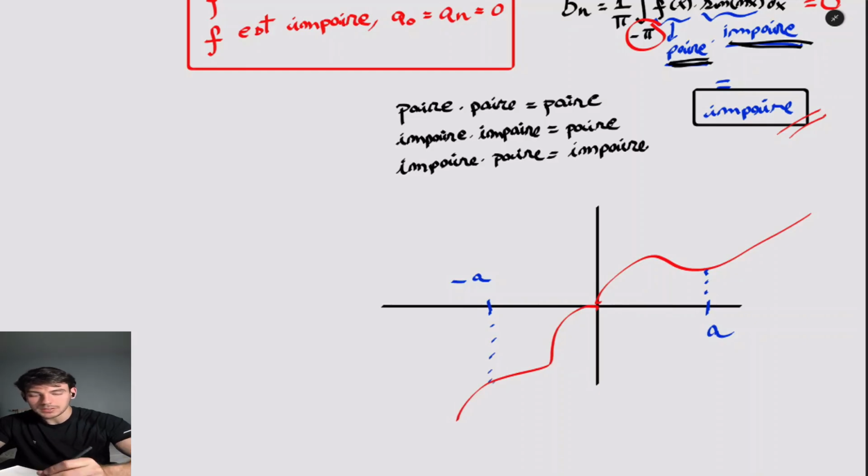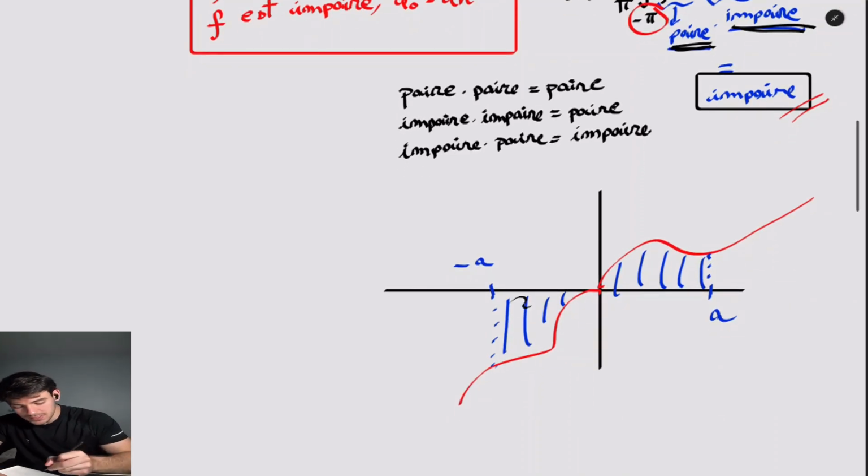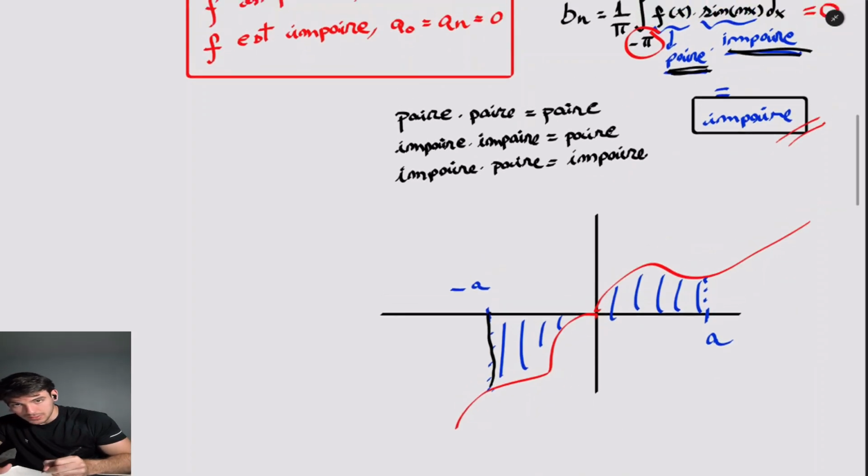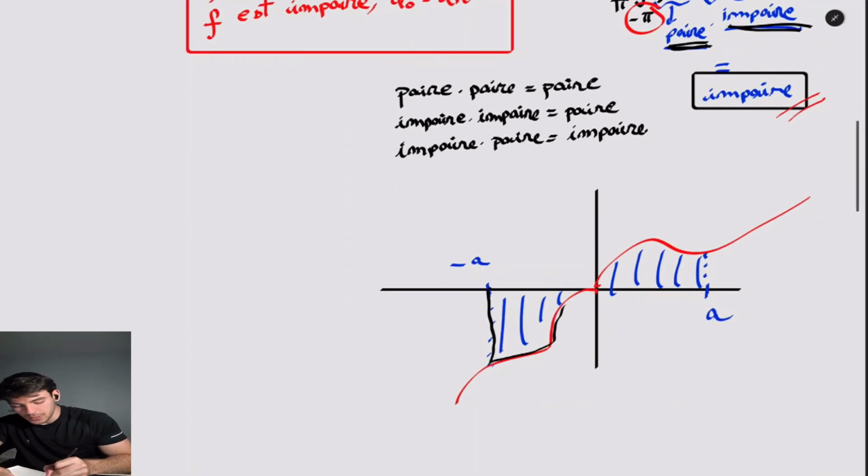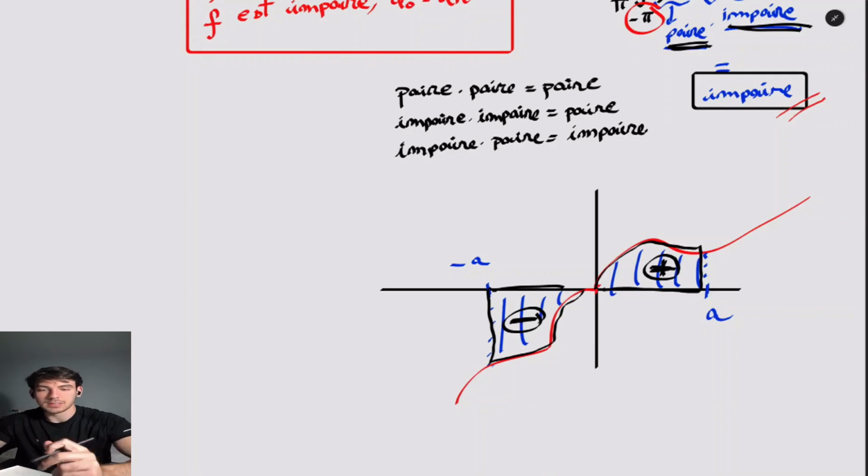When you integrate from minus A to A, you're just calculating the area. That's basically integration. But since in absolute value this area equals this area, and here you have it negative and here you have it positive, you're basically just adding the same areas but with inverted signs.